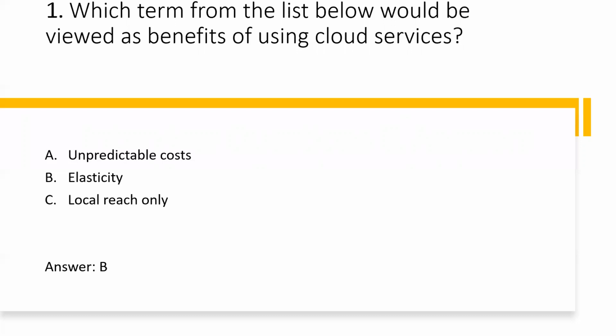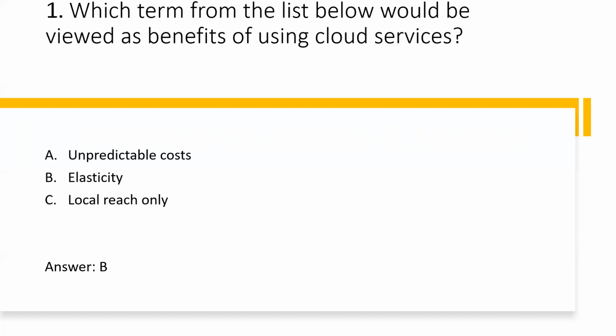Third one, local reach only. This is not right because cloud providers have data centers all over the world. They have multiple regions. So here is the right answer, elasticity. Benefit of using cloud services, right answer, elasticity.